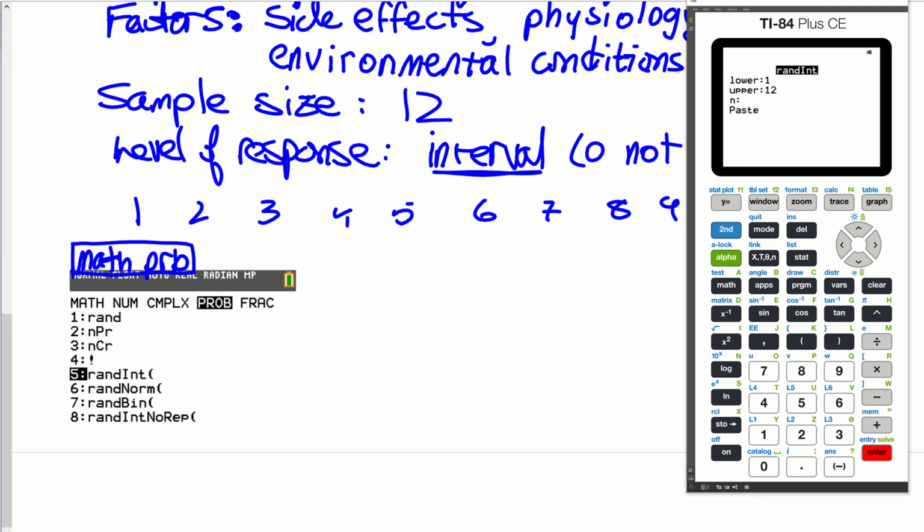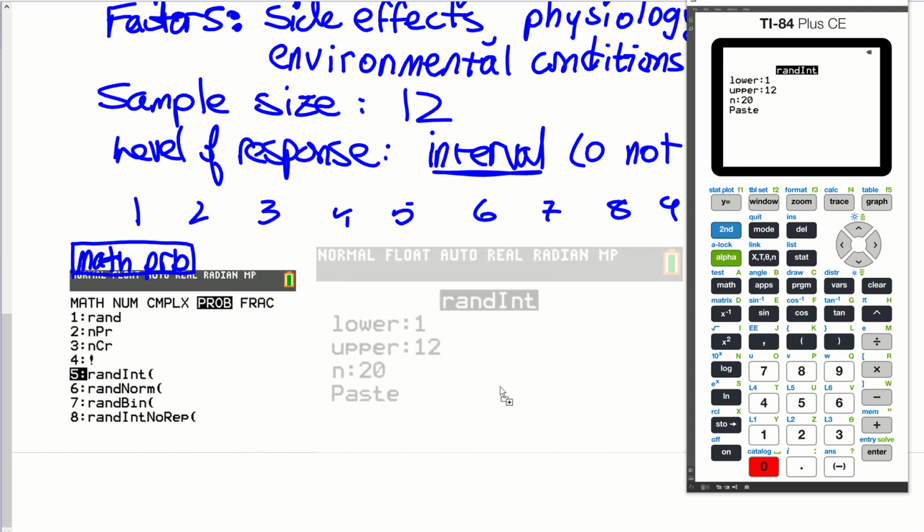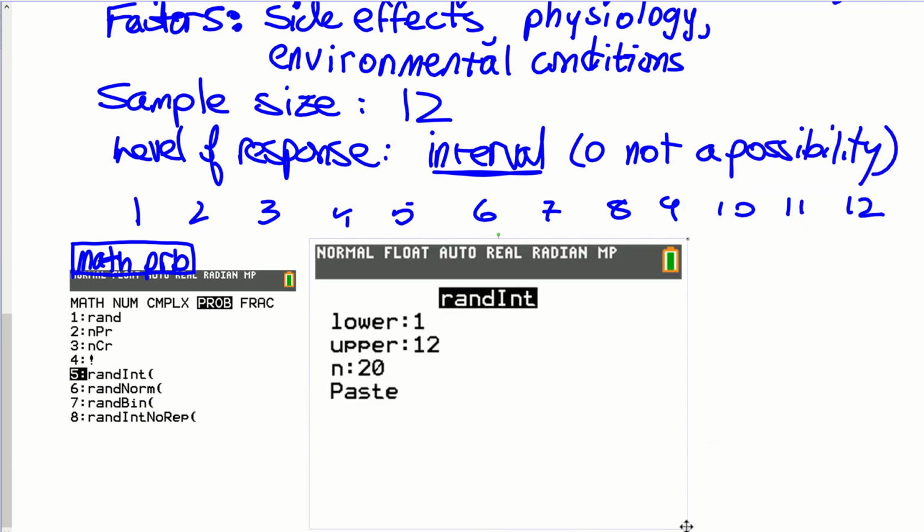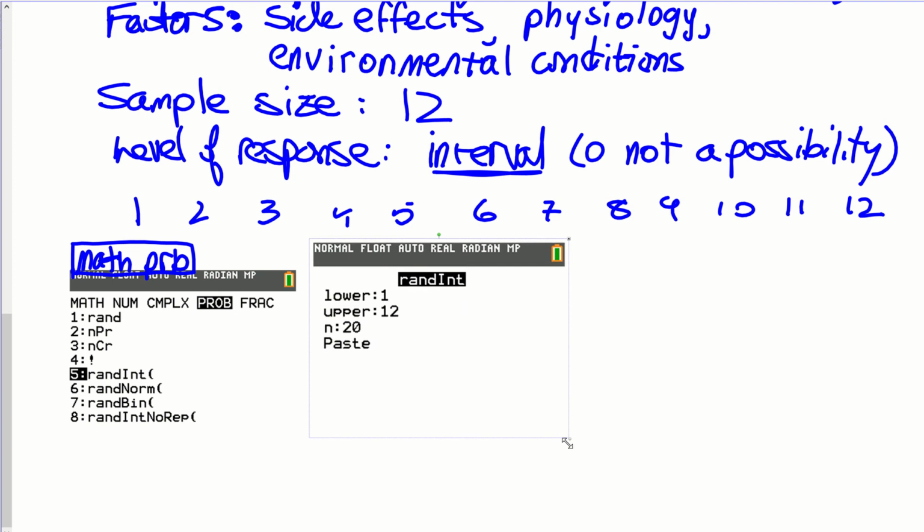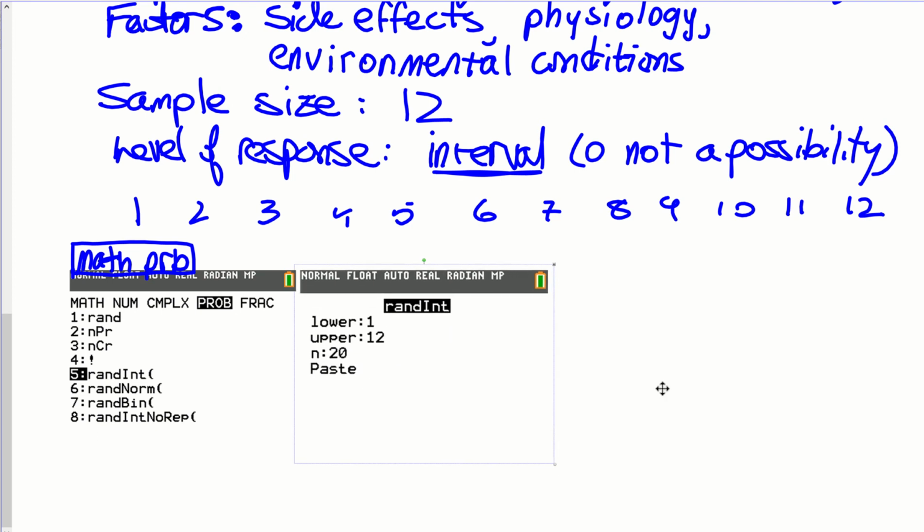So I want to allow for the case that maybe there's some repeats involved. So I'm going to put 20 in there. And again, that's to allow for repeats. And I'll show you what that means in a second. Or maybe I won't, depending on how the random data comes out. All right, so this allows for repeats.